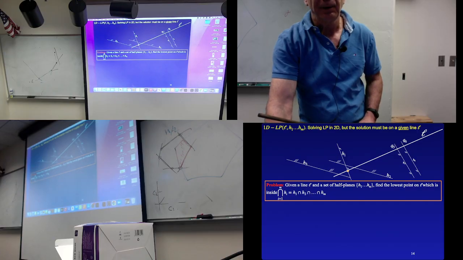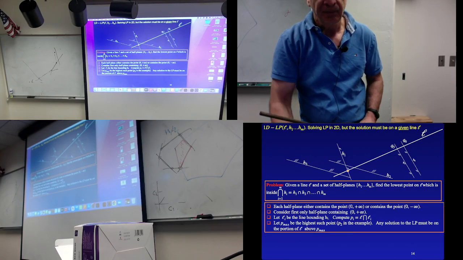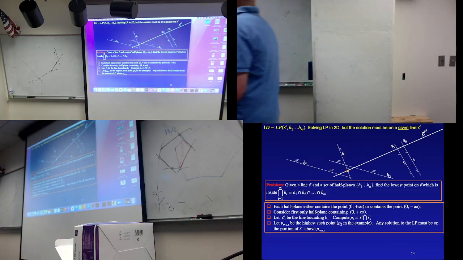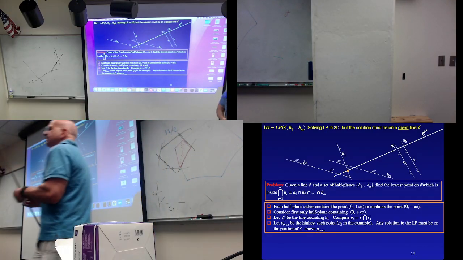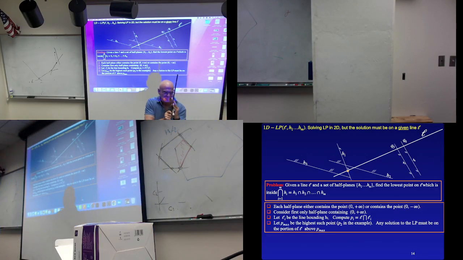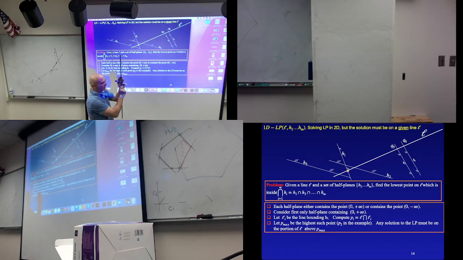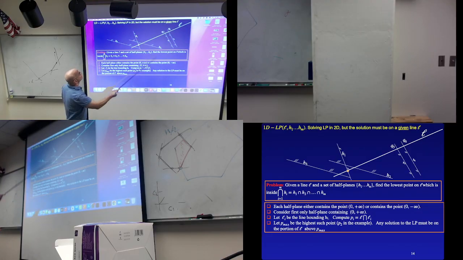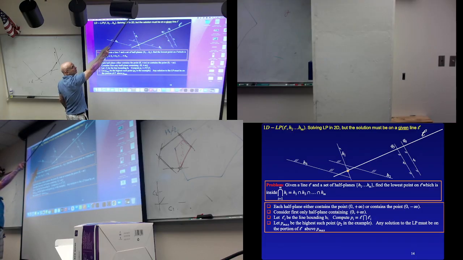Why is this the same problem? Because here is the algorithm. Let's assume that I don't have any half plane whose line is completely vertical. Everybody has a slight tilt, maybe minuscule tilt, to either clockwise or counterclockwise, which means that every half plane either contains this point.